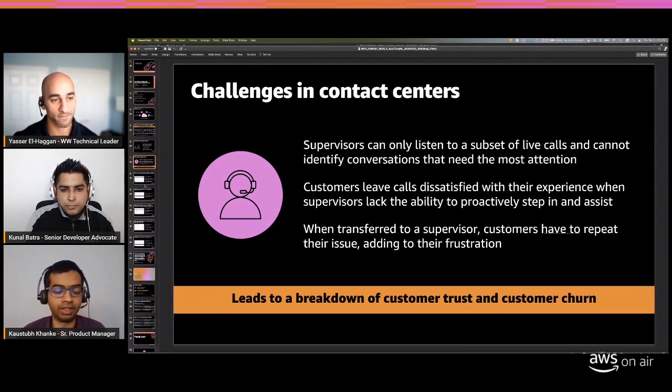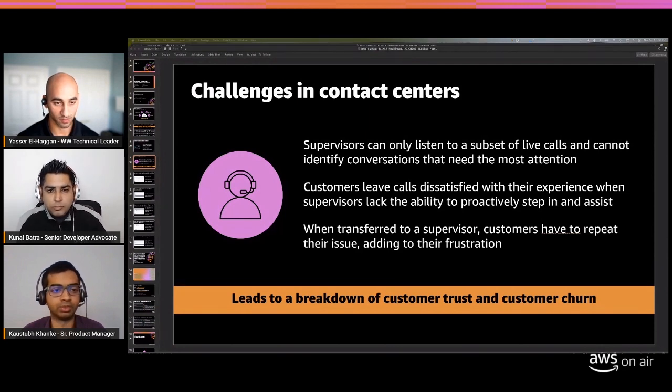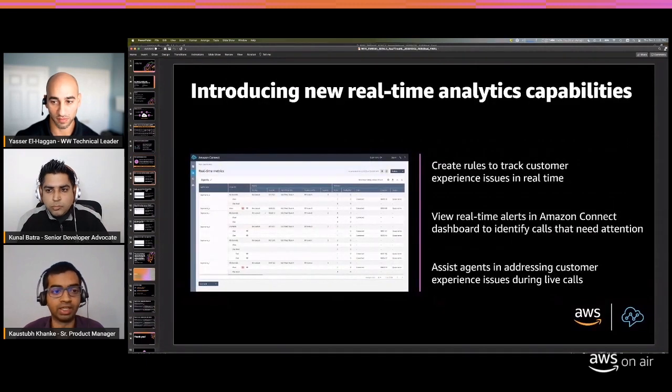So I think there are different use cases for both. For real time, it's more around the use cases I talked about earlier, like competitor mentions, account cancellations, and escalation requests, where you need information during the call and you want to take action during the call.